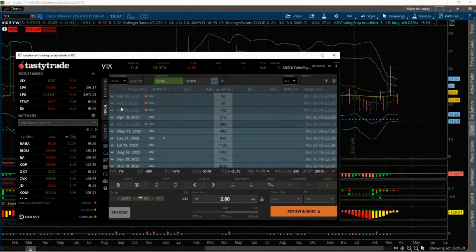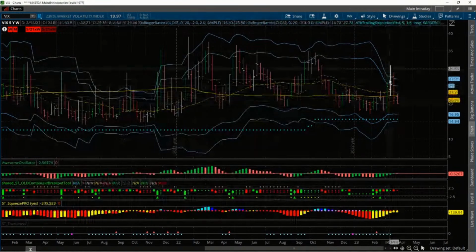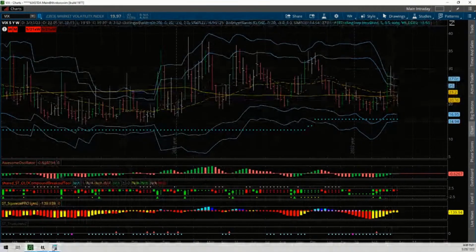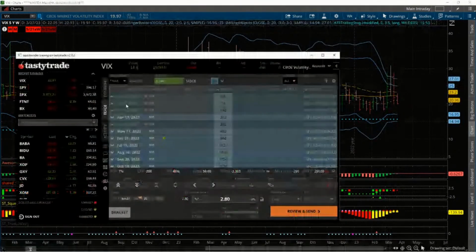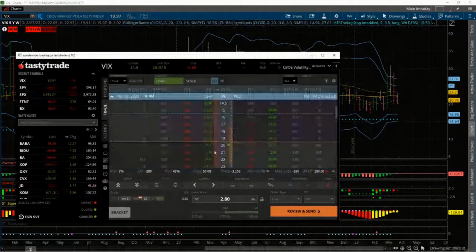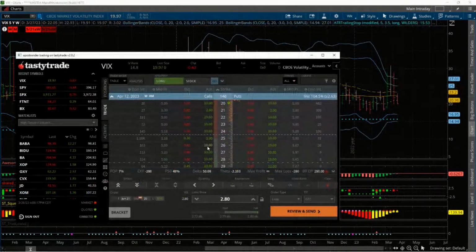The issue I personally have with this on the VIX is when the VIX gets going, it's quick to spike. So you need to be very mindful of where your short strike placement is and understand that if it really starts to go in the money, that's not necessarily going to work in your favor, and being able to get a profit if your short strike goes too quickly into the money versus the long.